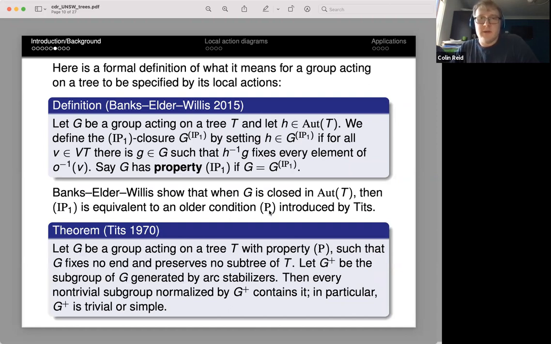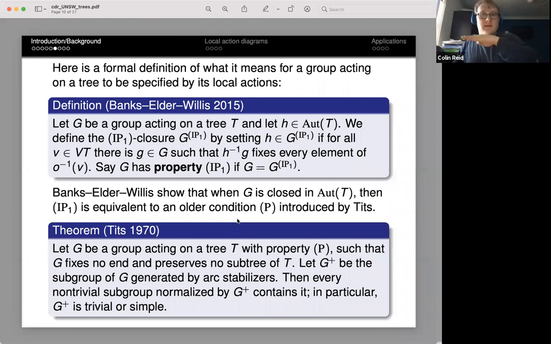I haven't written the definition of P here, but basically the idea is that you take a path in your tree, which could be finite or infinite, and then if you take the closest point projection of the tree onto the path, that defines a partition of the vertices into subtrees.